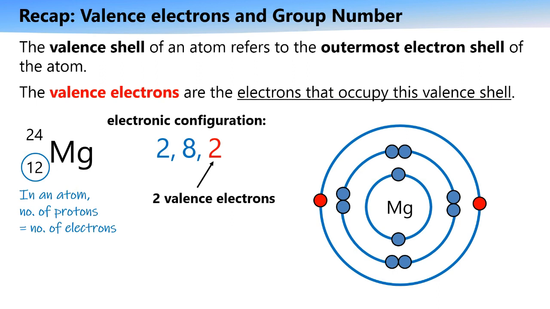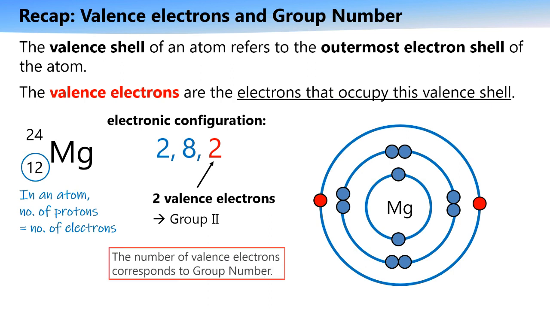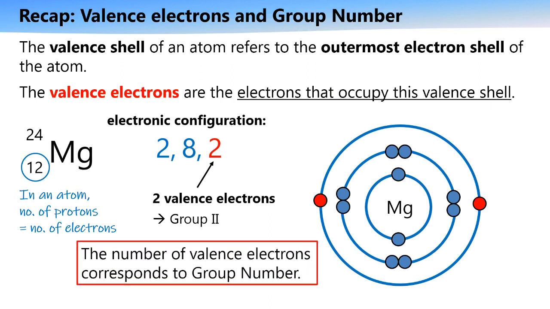Since there are 2 valence electrons, which group will magnesium be in the periodic table? Magnesium will be in group 2 of the periodic table. Please remember, the number of valence electrons corresponds to the group number.